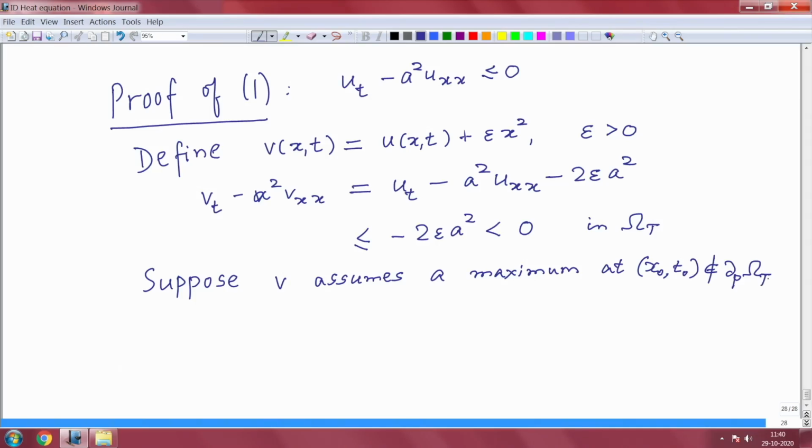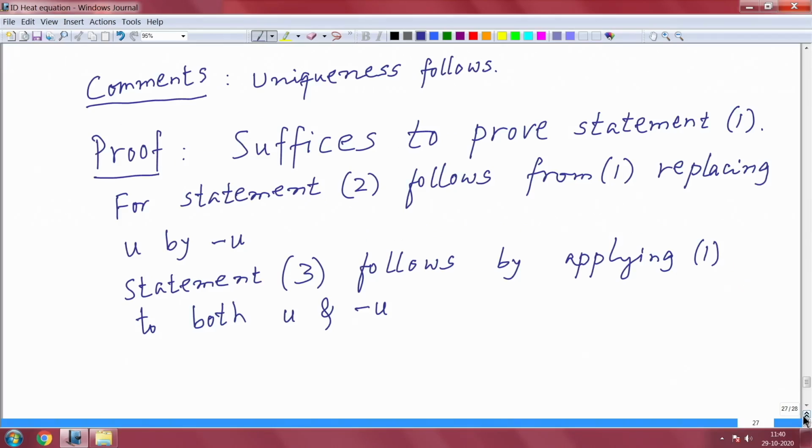So, we want to obtain a contradiction. What we intend to show is the maximum of v can occur only on the parabolic boundary.